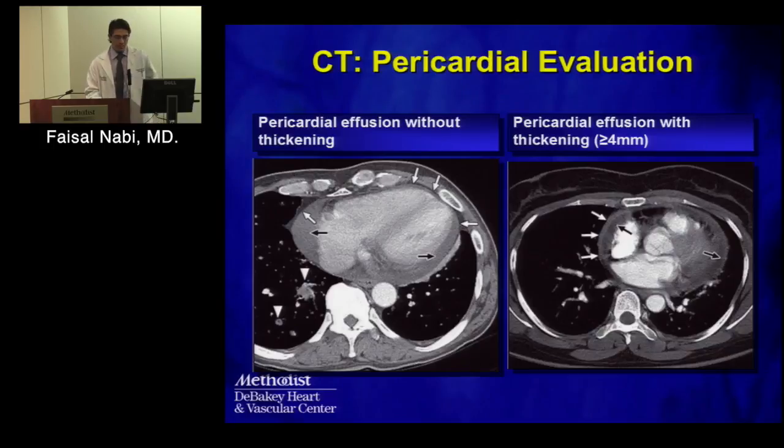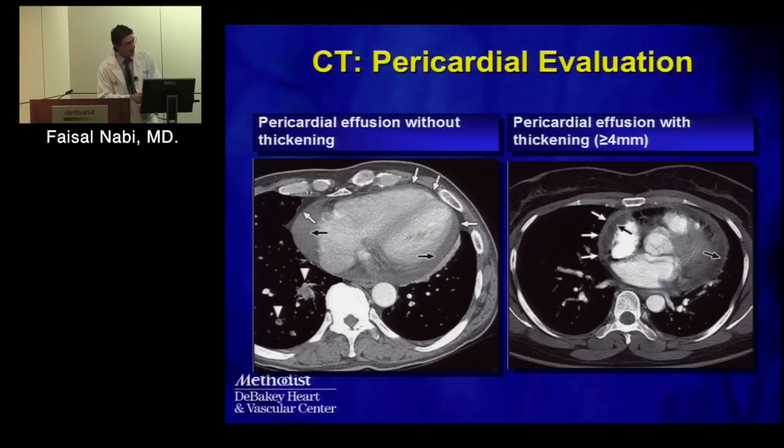Here's an example, and you'll see a lot more of these, of when the pericardium goes wrong. On the image on the right, you'll see a pericardial effusion. You just get used to seeing these, and it becomes very easy once you've seen one or two. This pericardium is not thick. Compare that to this image over here, where you see this rind.